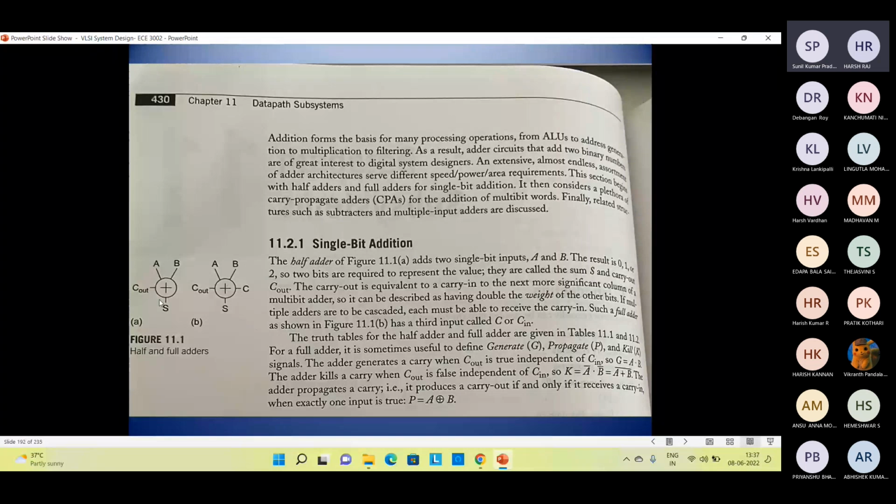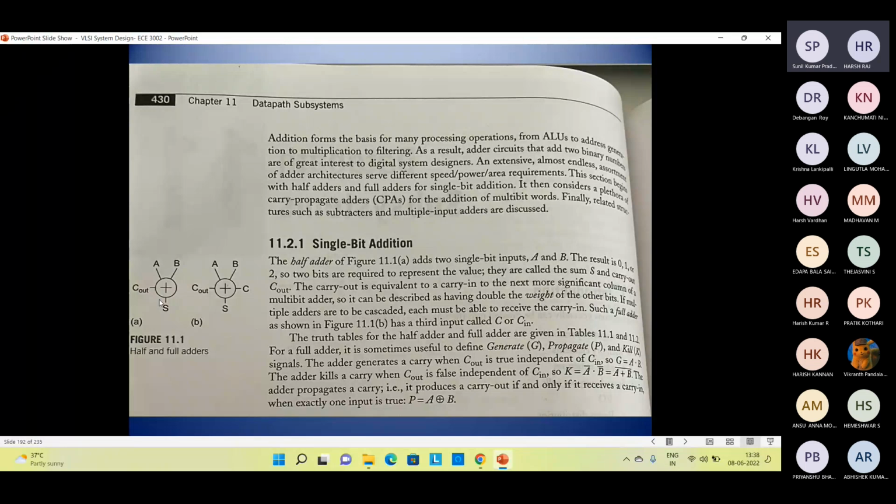Now the carry out is equivalent to the carry in to the next more significant column of a multi-bit adder, so it can be described as having double the weight of the other bits. If multiple adders are to be cascaded, then each must be able to receive the carry in.